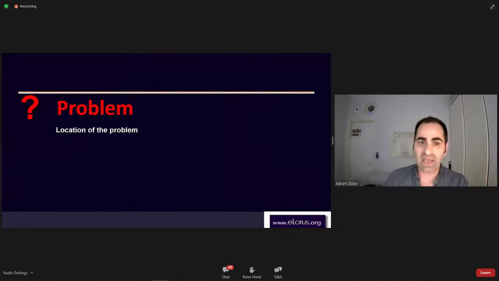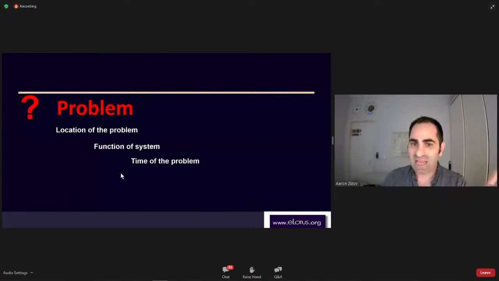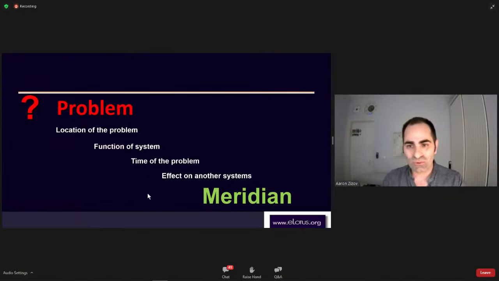So we want to locate where the problem is, which channel, which exact location, what's the function of the system that is failing, the time of the problem, how long the patient suffers from it, and the effect on other systems, to know if we need to connect different meridians, and eventually we get the answer with which meridian we treat.